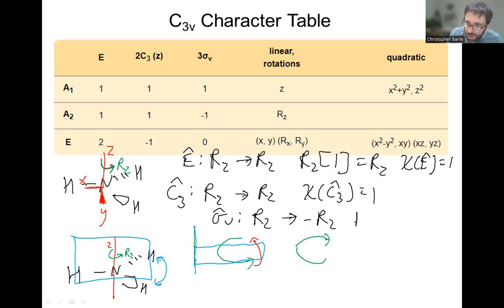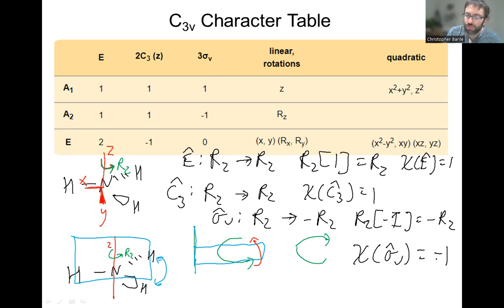And so now the 1-by-1 matrix that describes this is actually a -1. And so that gets us negative RZ. And so our character of the vertical mirror plane is actually -1.